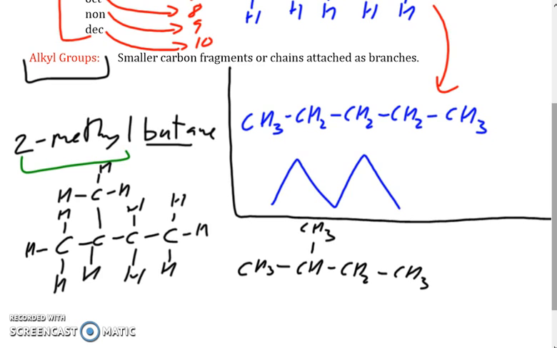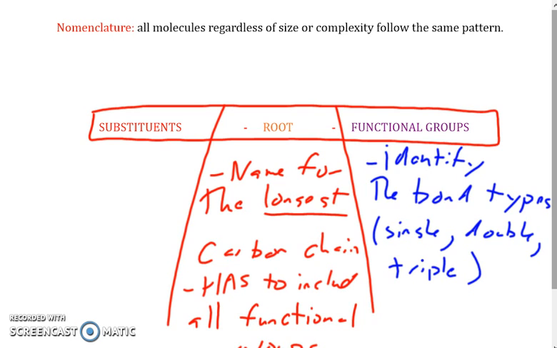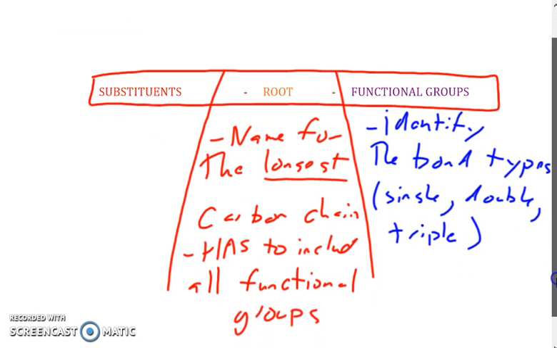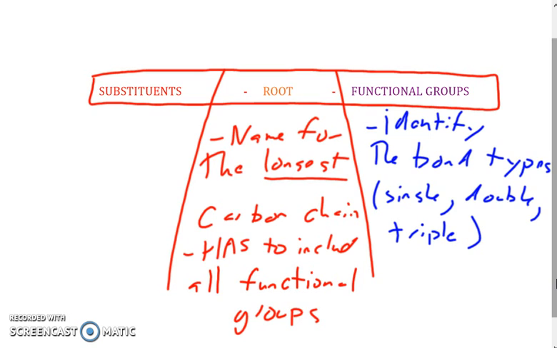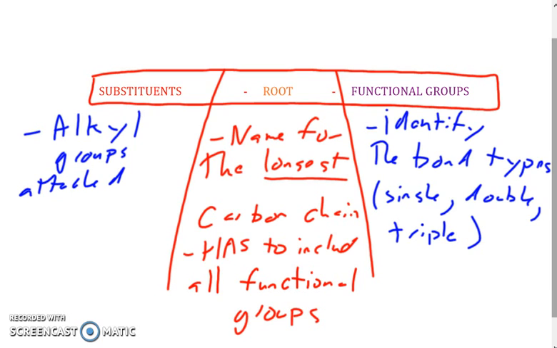Now the last thing I want to say before we move on, if we go back to the original slide, is that what we just described there was an example of a substituent. What we're going to talk about today, and there are many examples of this, but we're going to simply focus on alkyl groups. We're going to focus on the alkyl groups that are attached.